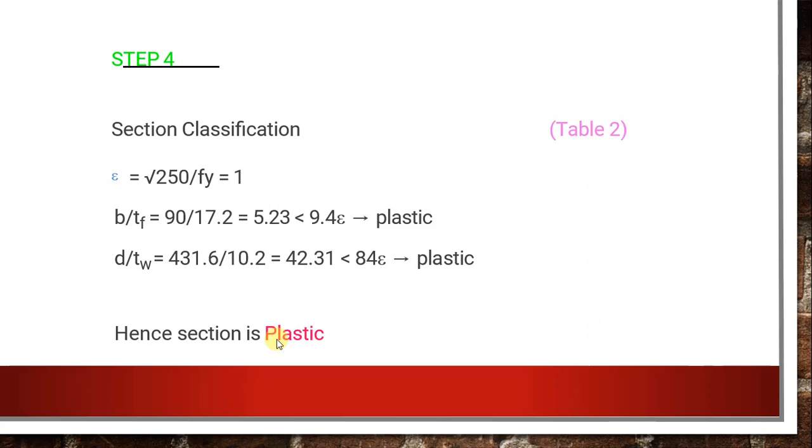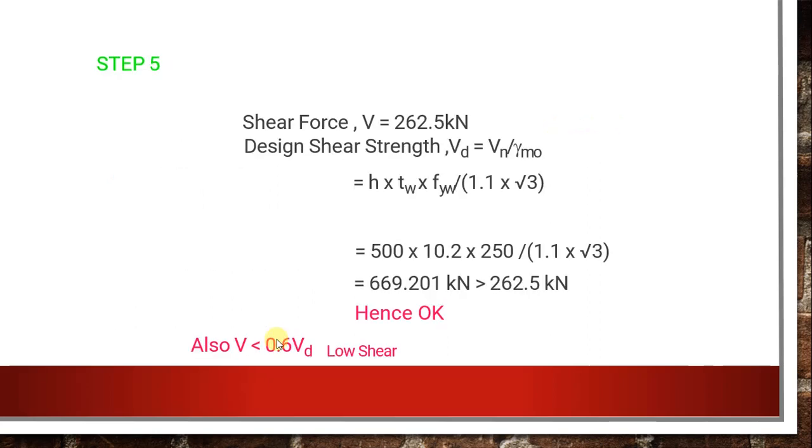Next, in step number 5, you have to calculate the design shear strength, VD. For VD there is a formula given in the Indian standard, that is Vn upon gamma m naught. Here Vn is calculated with the help of the formula H into Tw into FYW divided by 1.5 into the square root of 3.